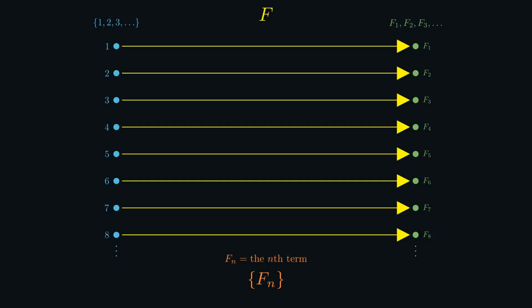An infinite sequence is a function whose domain is the set of all positive integers, 1, 2, 3, and so on without end. The range is written f sub 1, f sub 2, f sub 3, continuing forever, and f sub n is called the nth term. I write the sequence whose nth term is f sub n, using the curly brace notation with a subscript n.